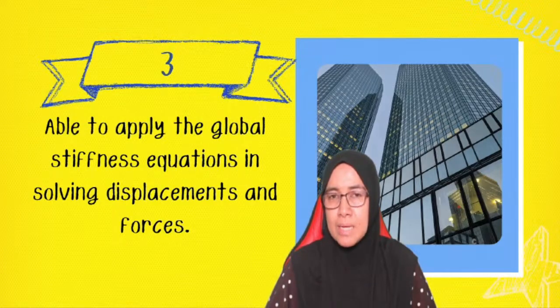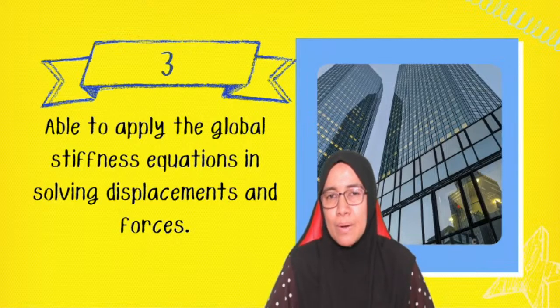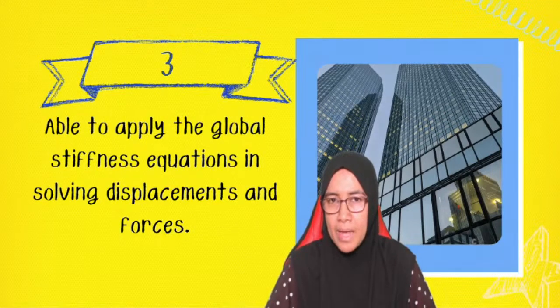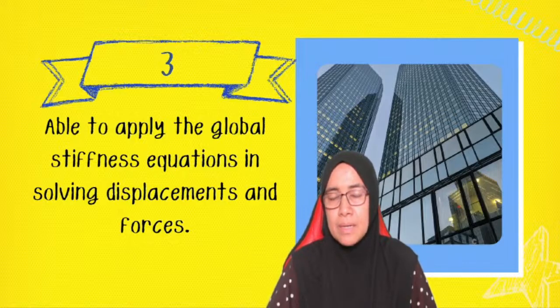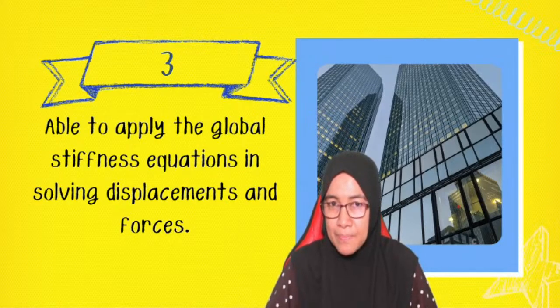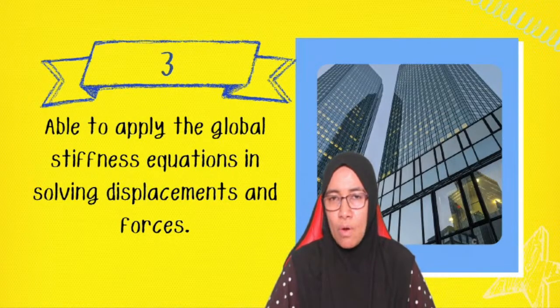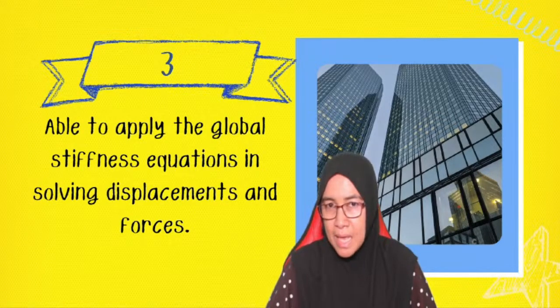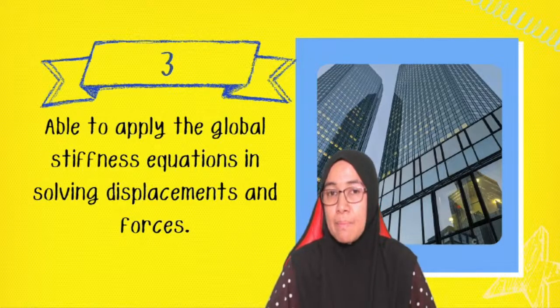The stiffness equation, we write in matrix form. The size of the matrix depends on the number of degrees of freedom. Remember, degrees of freedom are in X and Y. For a truss structure, there are two degrees of freedom, in the X and Y components, so two per node. If the truss has 3 nodes, it means that there are 6 degrees of freedom, so for the stiffness matrix K, we will have a 6 by 6 matrix.